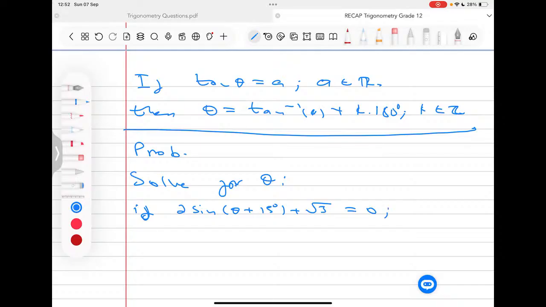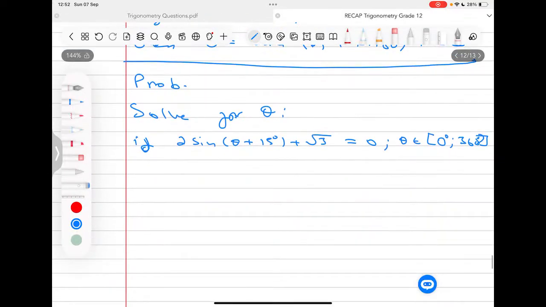We then give you conditions to say theta should be an element of 0 to 360 degrees. Alright, so we have a condition here. Now, how do we solve this problem? Well, the first thing maybe is that we need to simplify it, right?